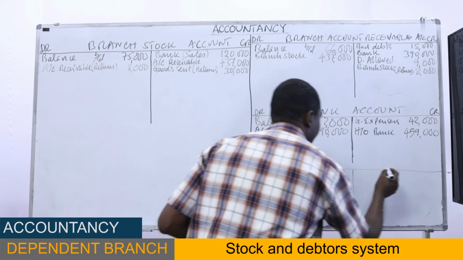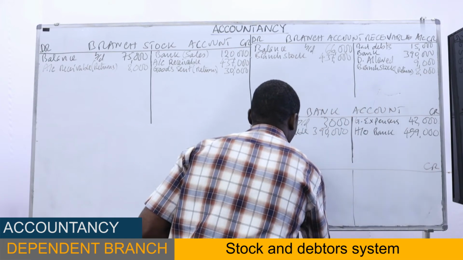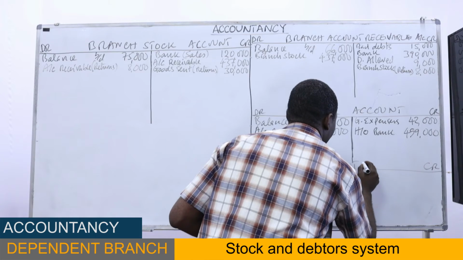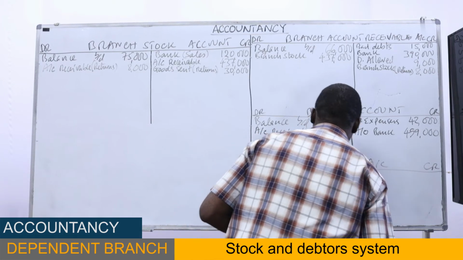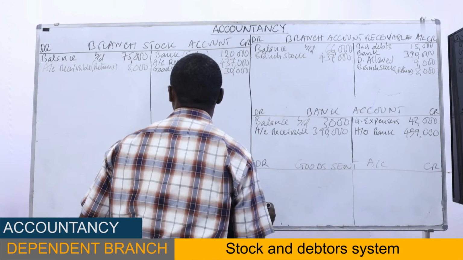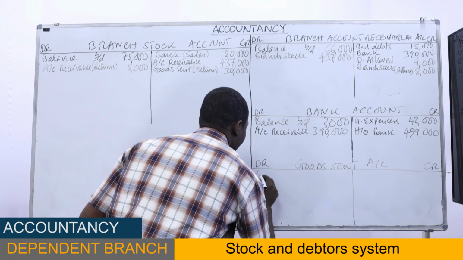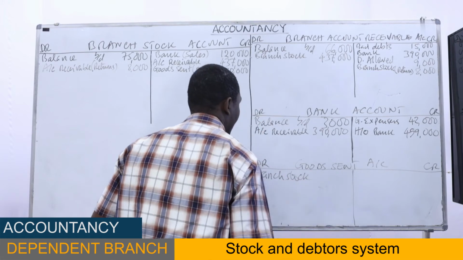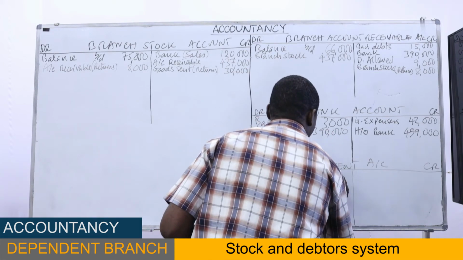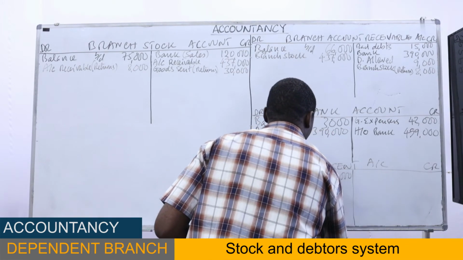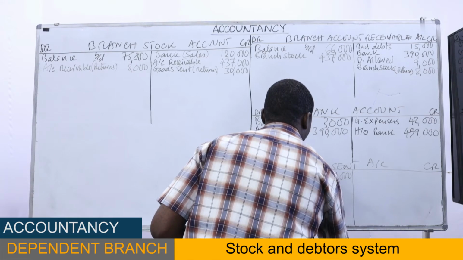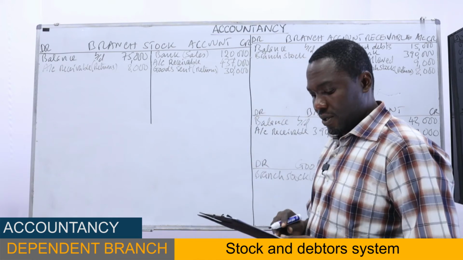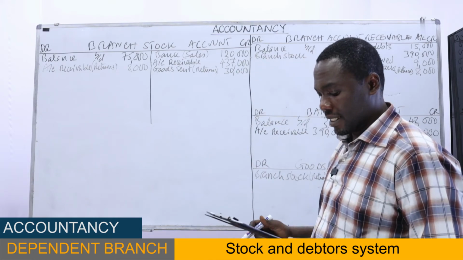We have debit, credit. This is the goods sent account. That was a return from branch stock, 30,000. That is returns, 30,000.